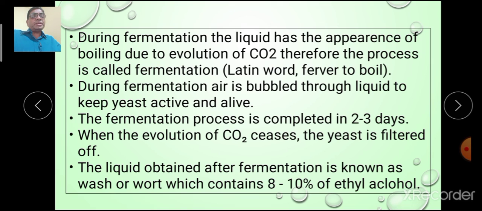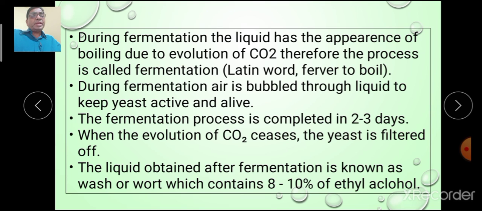Now how is it indicated that the reaction is complete? It is indicated by the fact that when the evolution of CO2 gas ceases, that is stops, the reaction, that is the conversion of glucose into ethanol, is completed, and then the yeast is filtered off.